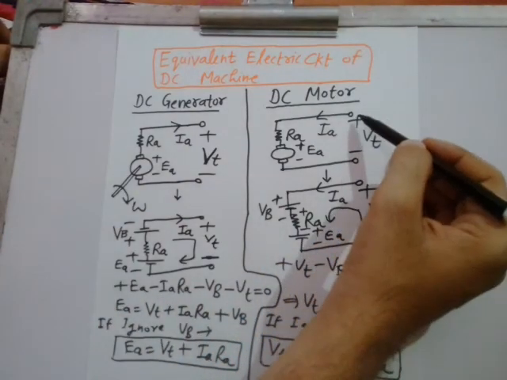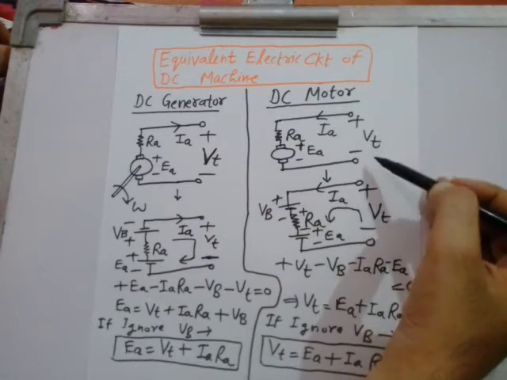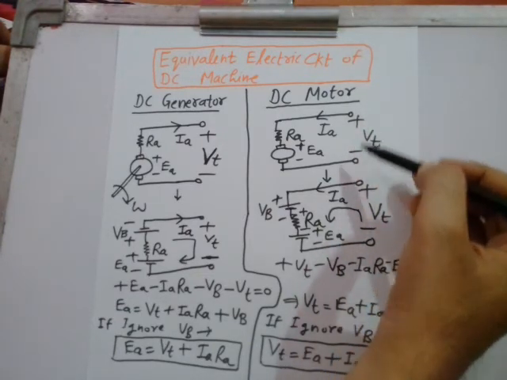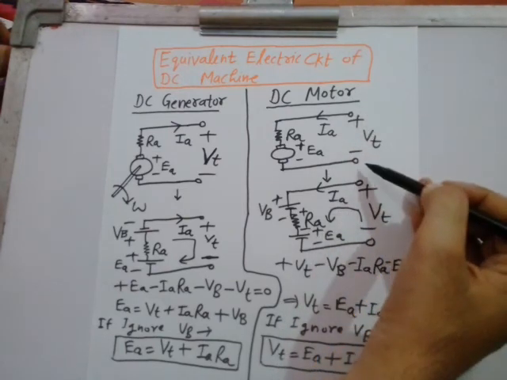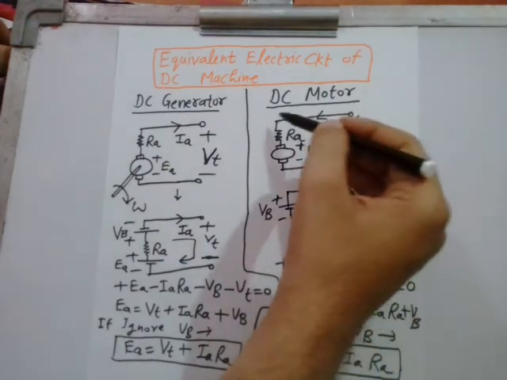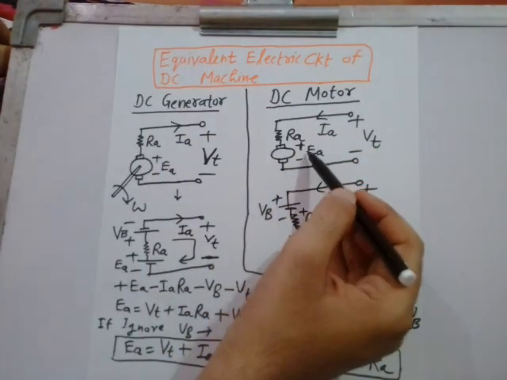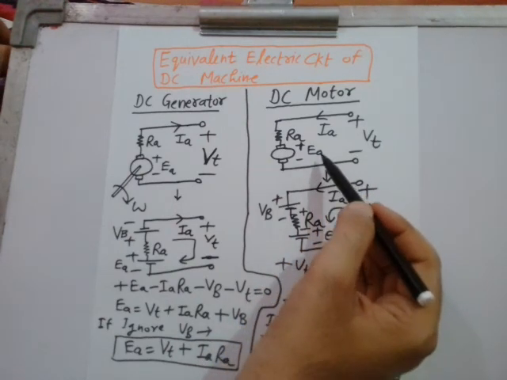While in a motor, the first independent variable is the terminal supply voltage. The input terminal supply voltage is the first independent variable in the case of a DC motor, which allows the current to flow. Due to this, an EMF is induced in the armature. This induced EMF in a motor is nothing but the back EMF, which is responsible for energy conversion from electrical to mechanical.